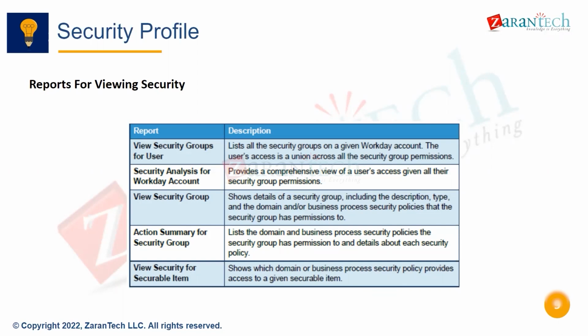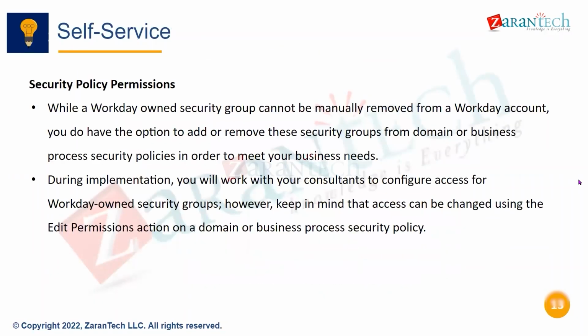So based on the task level, you can see what security items that security group has. You can also view this report if you want to understand detailed security or the domains related to that security. So these are all the delivered reports, you can just access and view them.